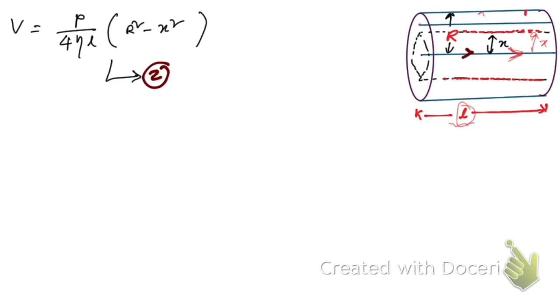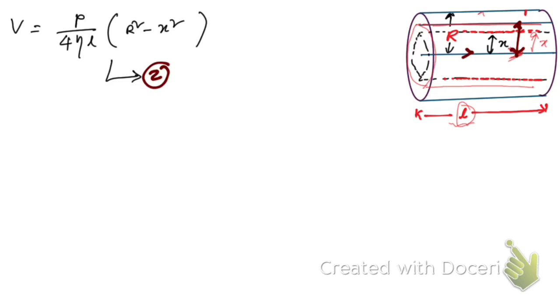This is another cylindrical layer, and its radius is x plus dx. This distance is dx, I have considered.